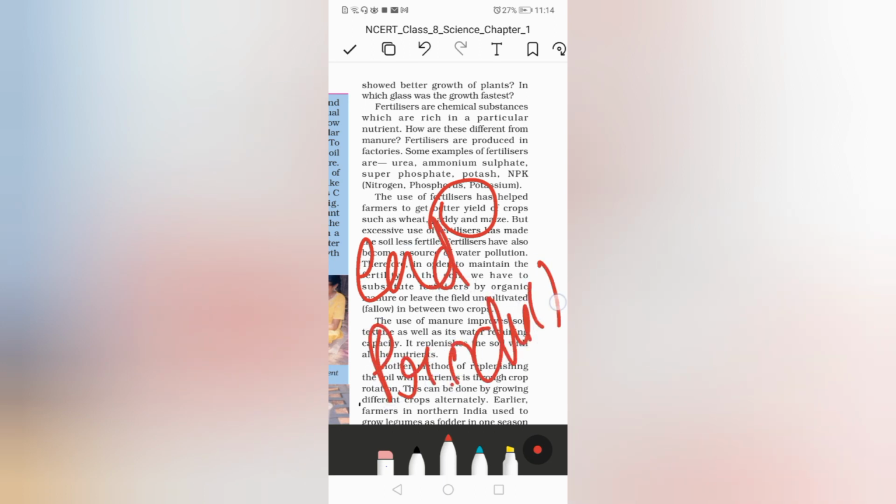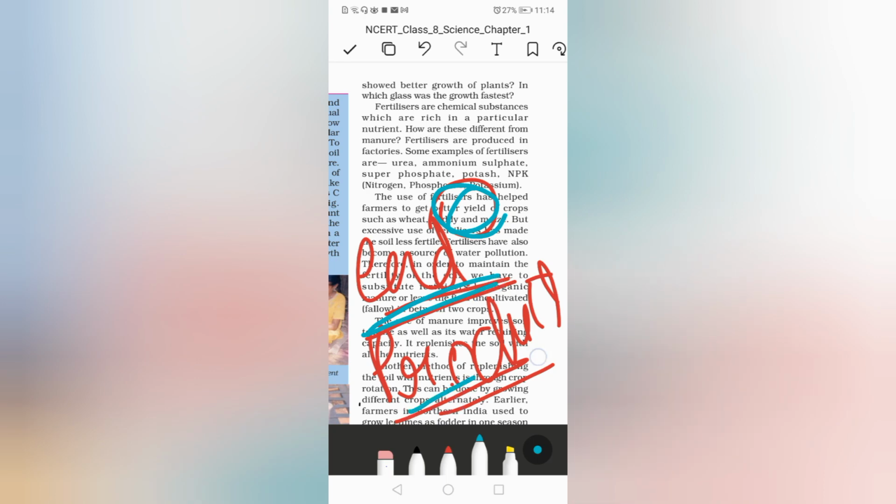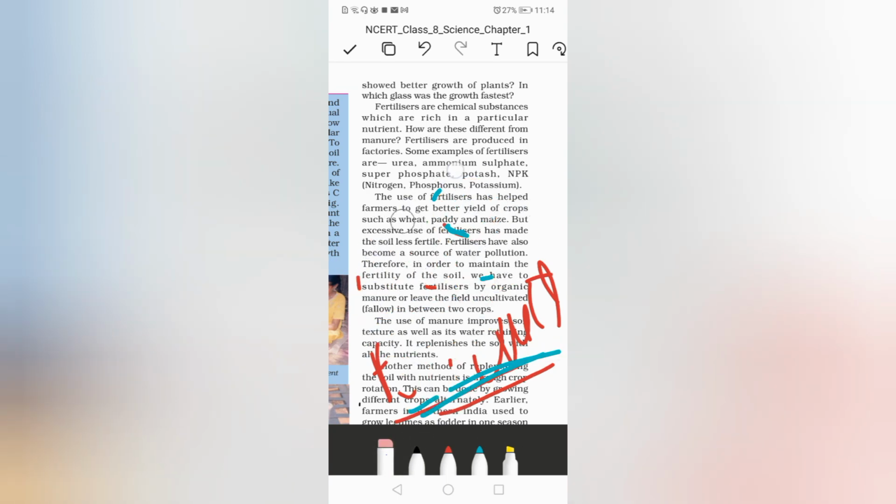Yield is the end product. So to get better yield means to get a better end product, a better finished product of crops such as wheat, paddy and maize.